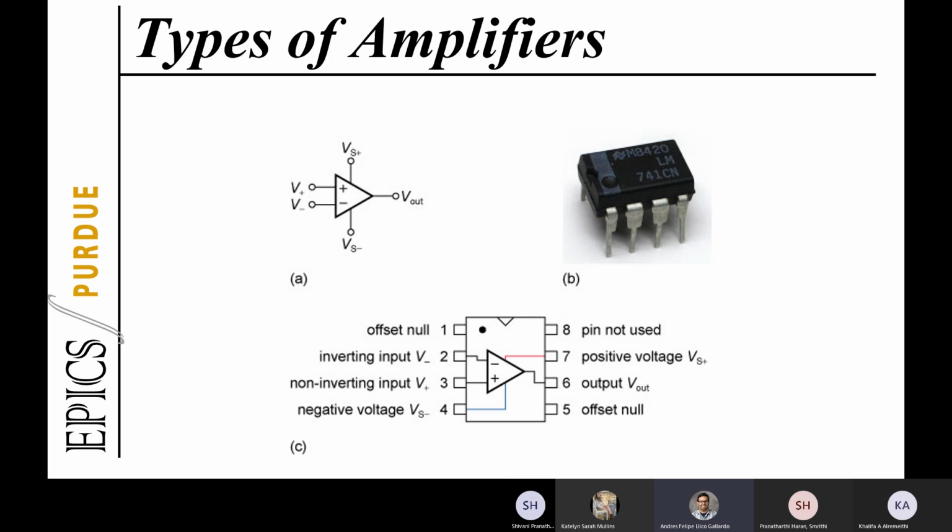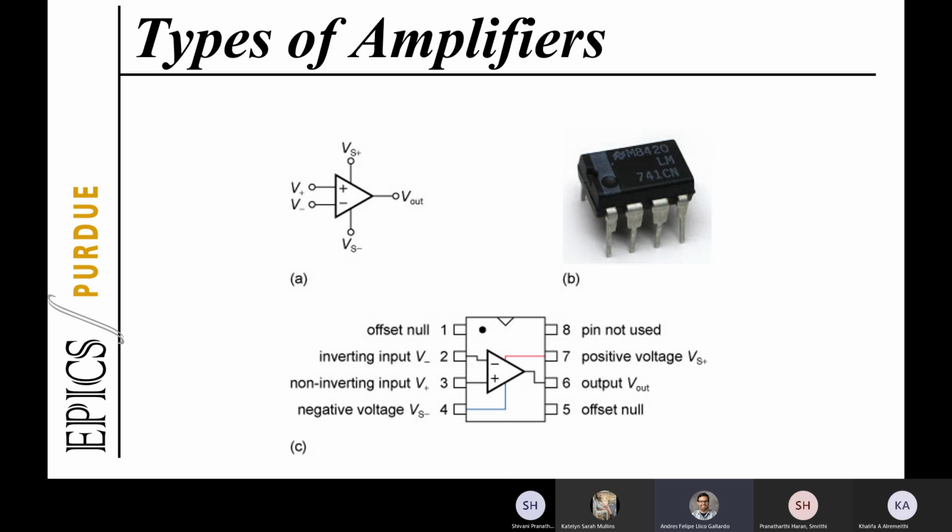As for the operational amplifier, the one I mentioned before, the 741, is probably one of the most commonly used. It is a very basic op amp that can be used for a range of applications. We see that it comes in this encapsulation of 8 pins.